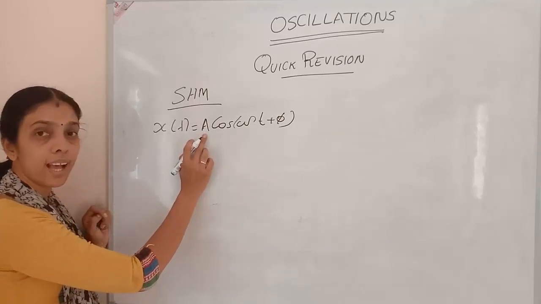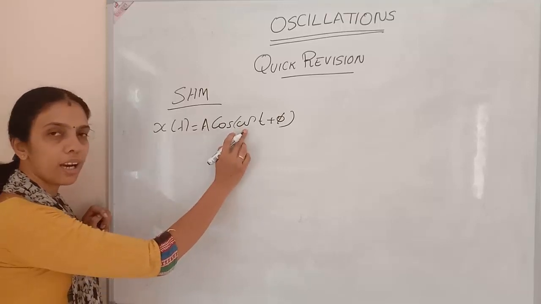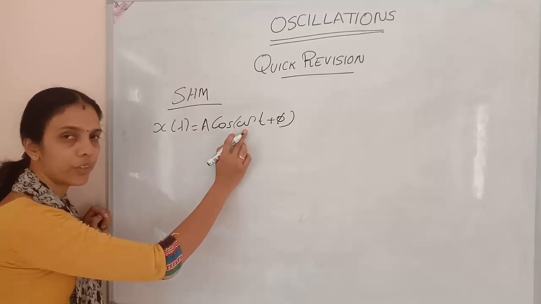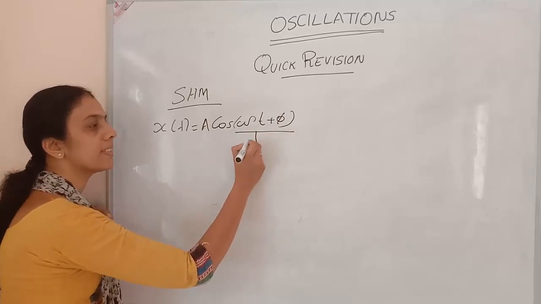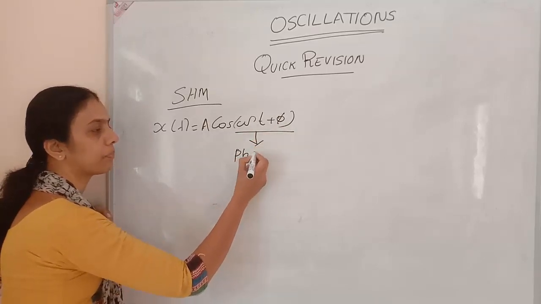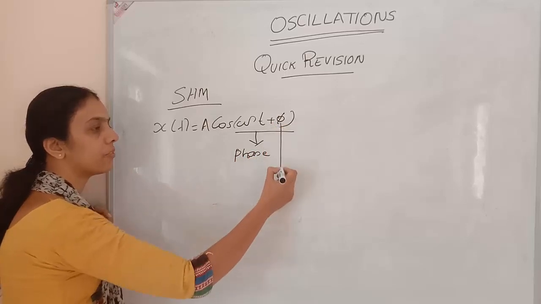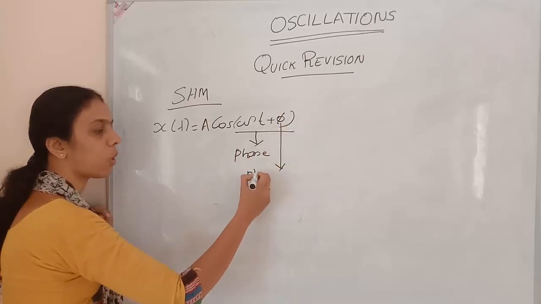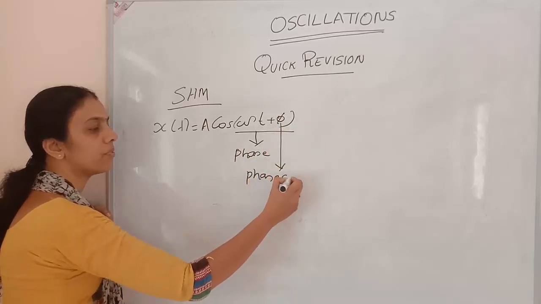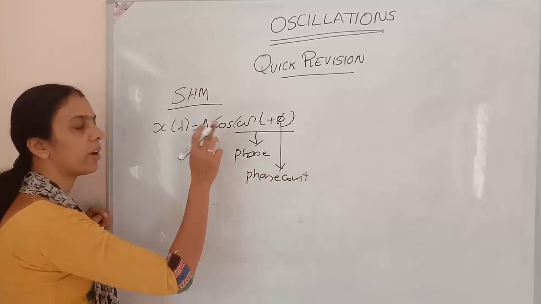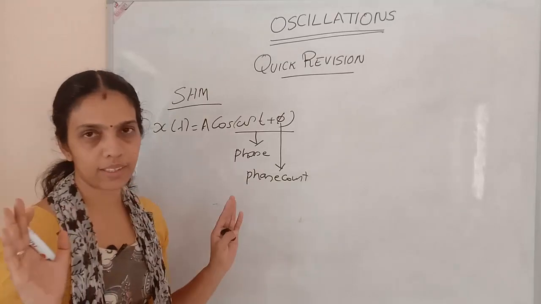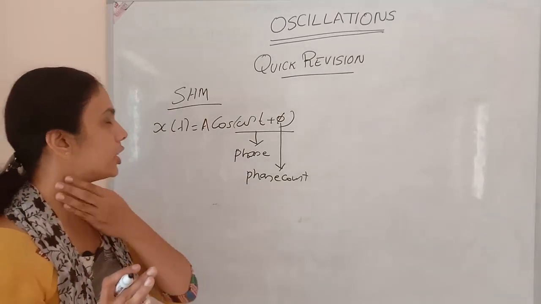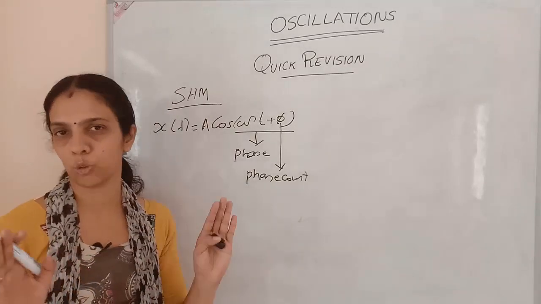Here A is the amplitude, omega is the angular frequency, omega t plus phi is the phase term, and phi is the phase constant. This is the representation of simple harmonic motion.